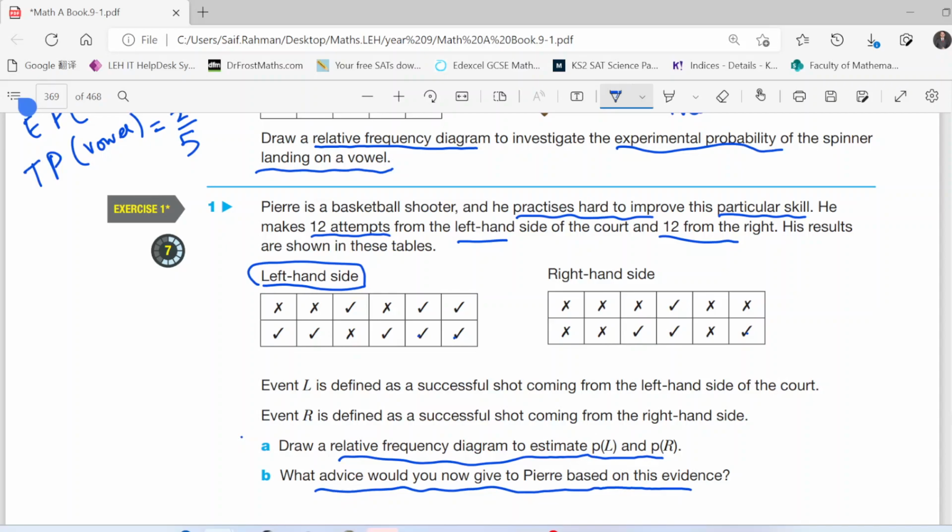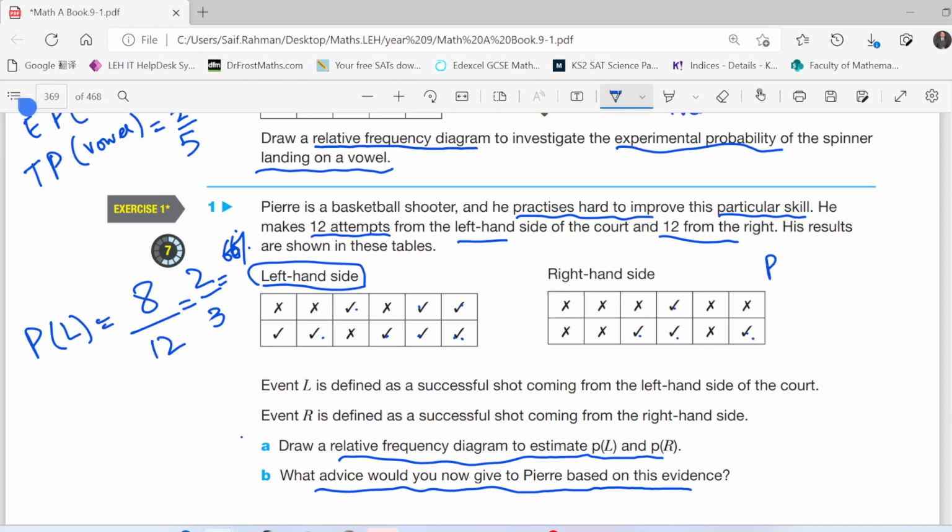So if we calculate the probability on the left, it is how many times he is successful divided by total outcomes. 1, 2, 3, 4, 5, 6, 7, 8. So 8 out of 12 he is successful. In other words, 2 out of 3, or about 66%. Whereas on the right side, how many times does he succeed? 1, 2, 3, 4.